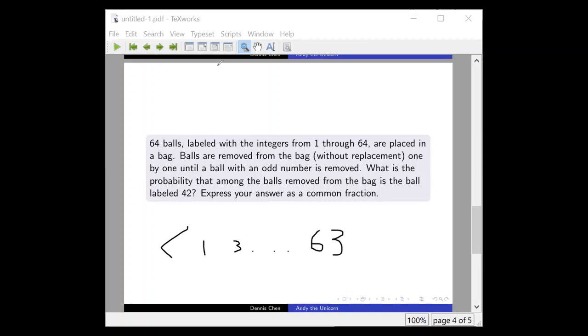But then they're asking this peculiar question about 42. Instead of thinking of oddballs and 42 being different, what have we just said? The game ends. Balls are not removed anymore after 42 is drawn as well. What if we just treat 42 as an odd number, basically?